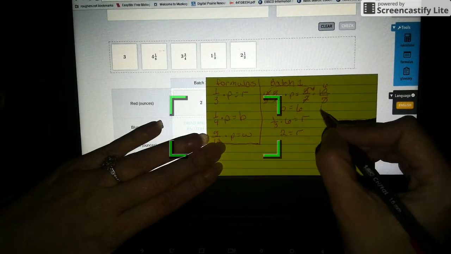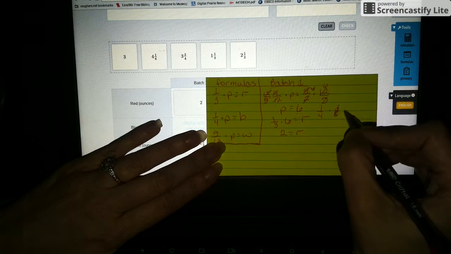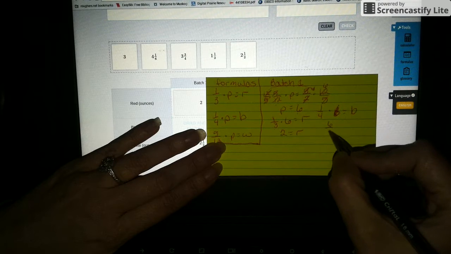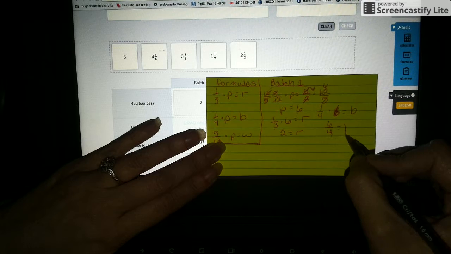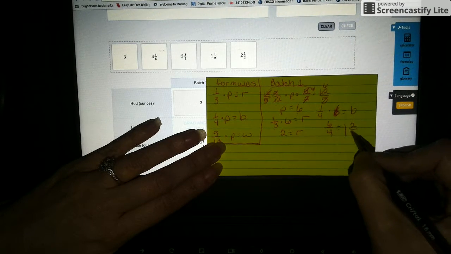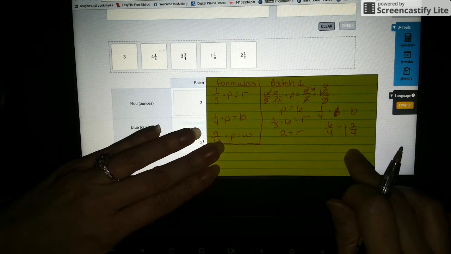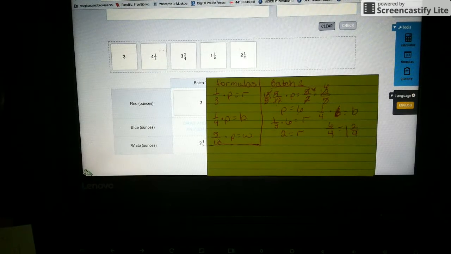So 1/4 of the paint, of 6 was blue. So 1/4 of 6 is the same as 6/4. 4 will go into 6 one time without going over, and I have 2 left over. So that would be 1 2/4 or 1 1/2, depending on if it's reduced. Sometimes they're reduced, sometimes they are not. So I'm going to drag down my 1 1/2.